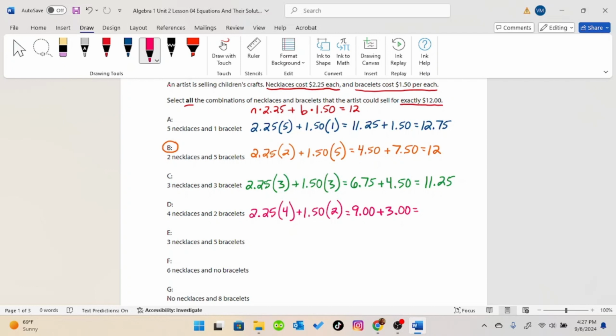So $9 plus $3 is $12. That is what we wanted. So 4 necklaces and 2 bracelets is another possible combination.